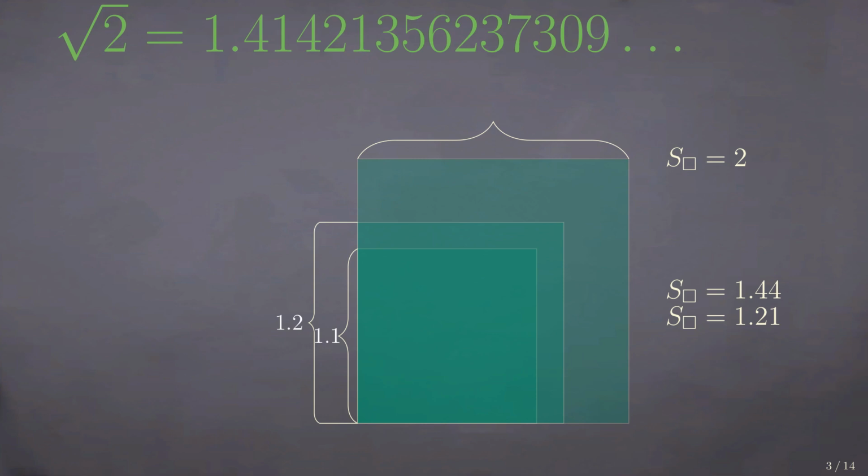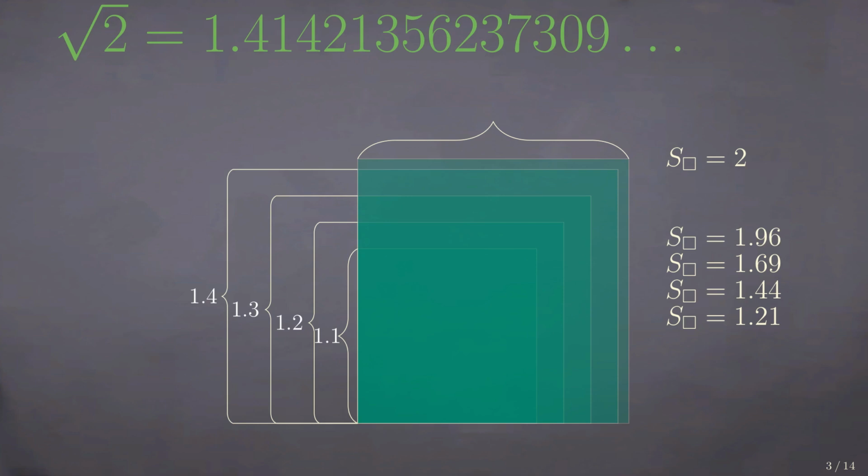Then you can increase a little bit more to 1.3. The square of 1.3 is 1.69, closer than the other two to 2. And if you choose 1.4, the square of 1.4 is 1.96, which is pretty close to 2, at least closer than the three previous results.